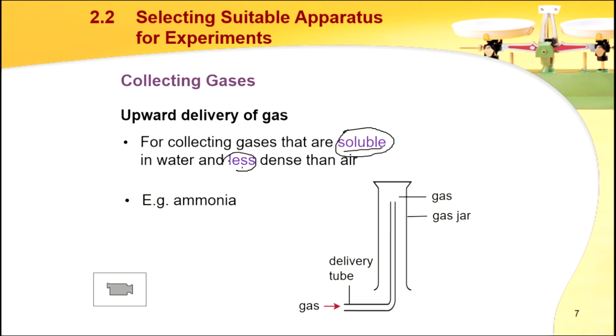Here is the set of apparatus. Here is the gas in, and this is the gas jar, measuring cylinder, or test tube.